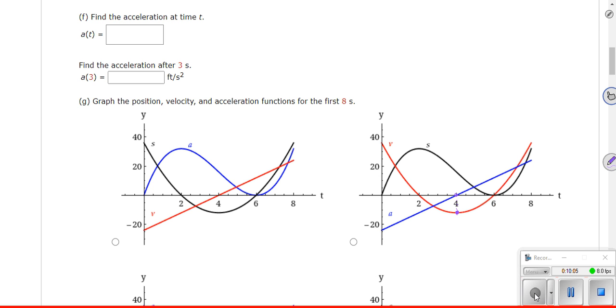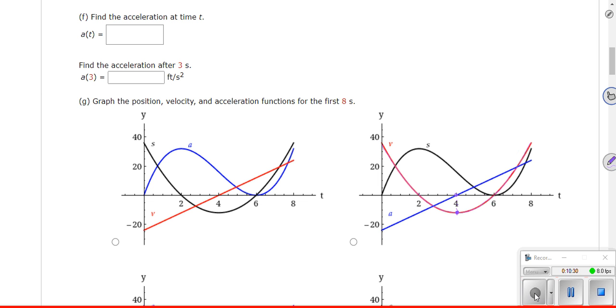And again, if I'm tracing my velocity function, all of my tangents would have a negative slope. So your velocity should be below 0. And then after I make my turn, all of your tangents here should have a positive slope. My velocity should be positive, because remember, or sorry, my acceleration should be positive.